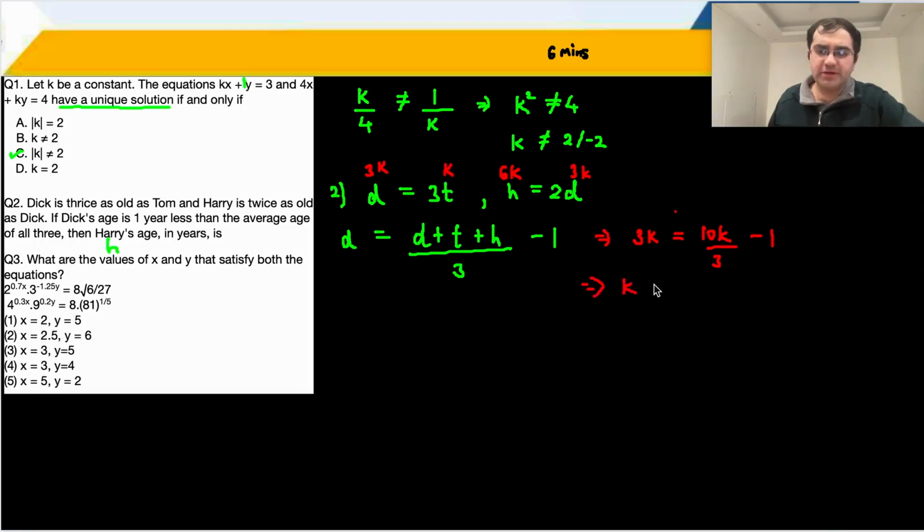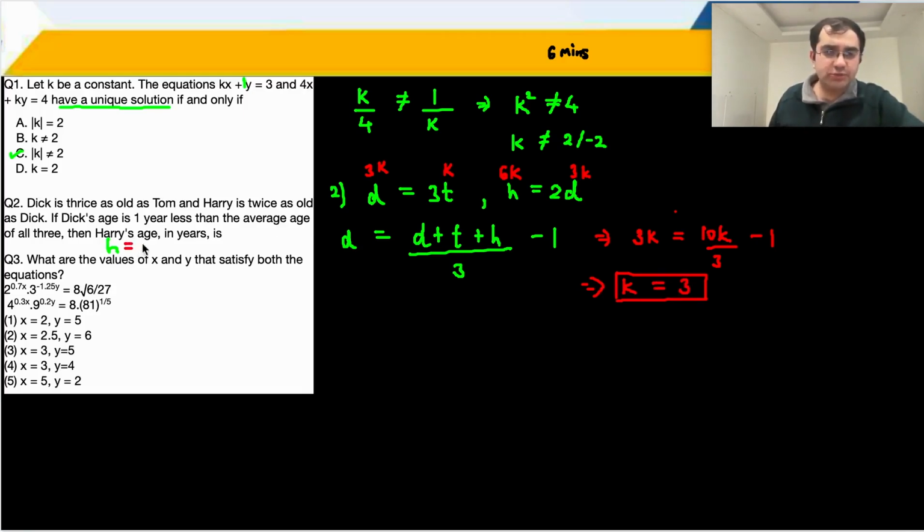This implies get the value of K. What do you get? 10 upon 3 is 3 and 1 by 3, minus 3, is 1 upon 3. So K upon 3 is equal to 1, so K is equal to 3. Just simple, one equation, one variable. The whole purpose of this was that fractional addition can be avoided completely and we can do it orally. So K is equal to 3 and we find the value of H.